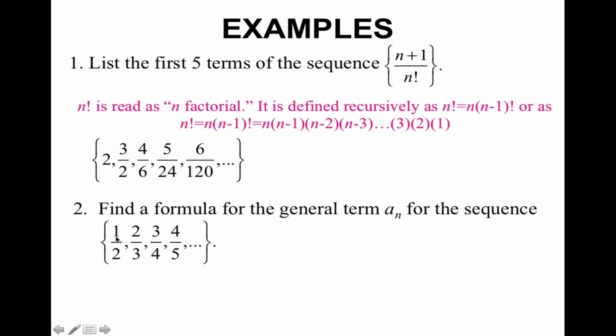If you notice, the numerators are 1, 2, 3, 4, etc. And since 1/2 is my first term, this means that this would be n, then n plus 1, n plus 2, and so on. Whereas on the bottom, it starts at 2, then goes 3, 4, 5. So that means my first term starts with n plus 1. So my formula would be n over n plus 1.